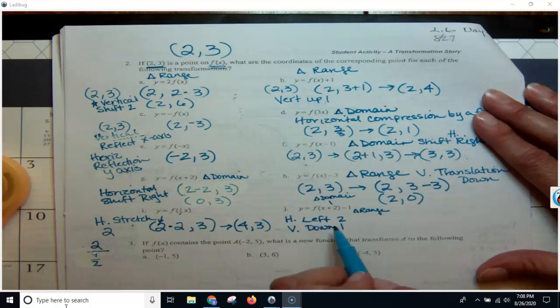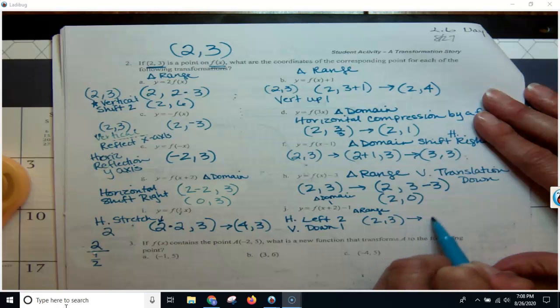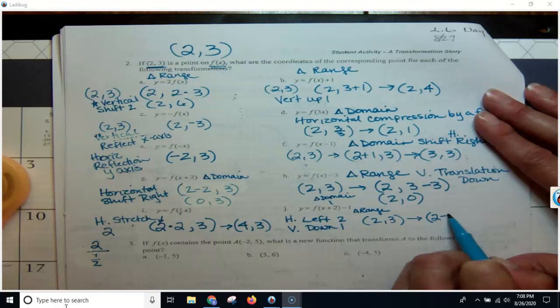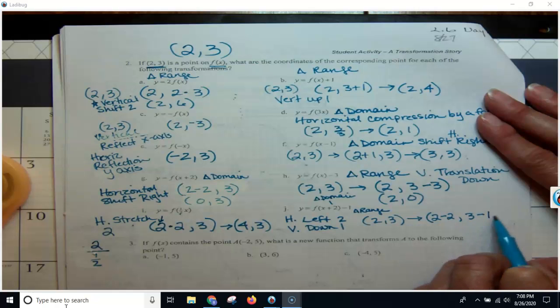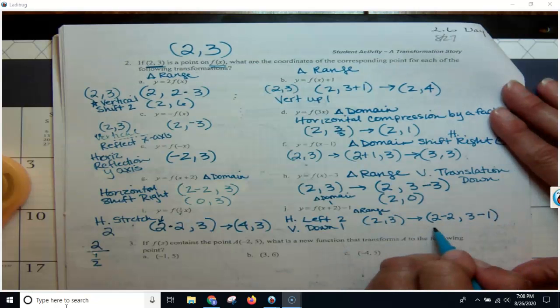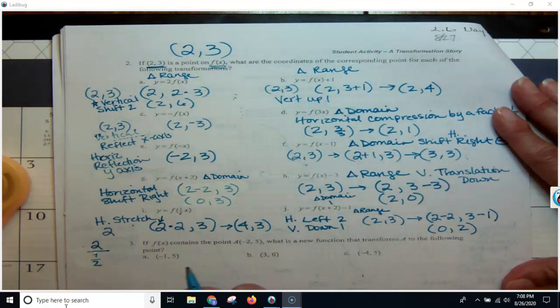So how does that change our point? Well, we go from 2, 3. The x is going to be changed by subtracting 2. The y is going to be changed by subtracting 1. So my new point would be 0, 2. Okay?